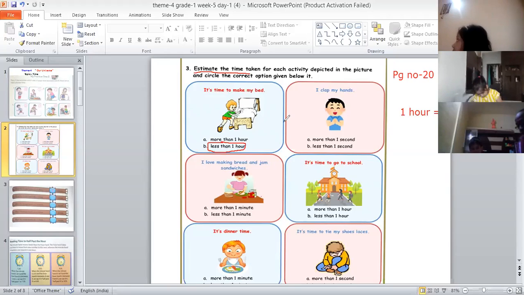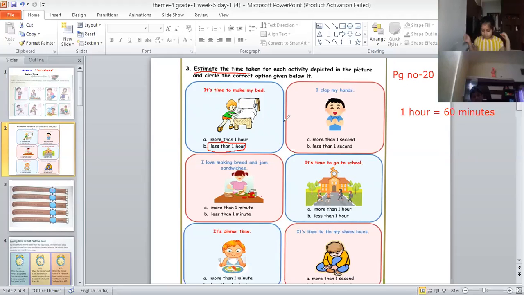So how much time will you take if you are clapping your hands? More than 1 second or less than 1 second? If you are clapping your hands, you take less than 1 second because you do it very quickly, very fast.